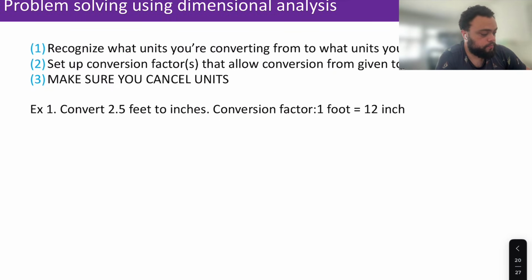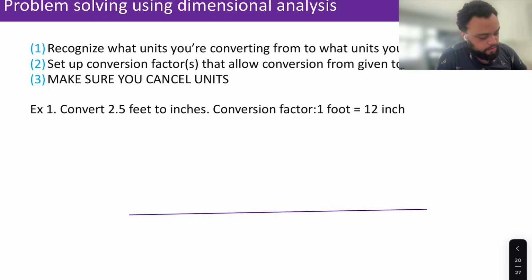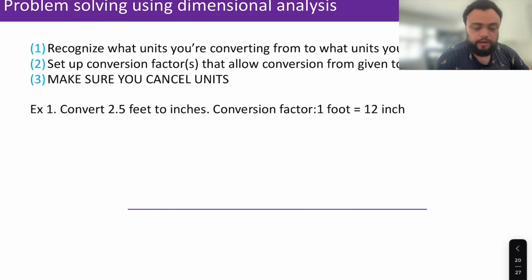So these are the ways that we solve a dimensional analysis problem. First, you want to recognize what units you're converting from and what units you're converting to. And I like to do this thing called the train track method. We take a line and make a split in the middle. It's called a train track because train tracks on a map look something like this.